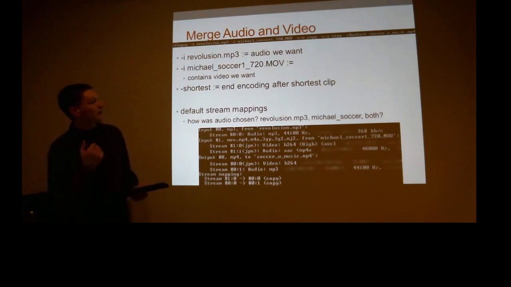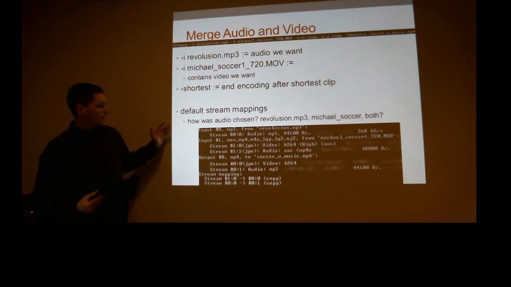We say we want to copy both the video and the audio. The -shortest option says cut off the output to the shortest input. One of these is longer than the other. The soccer is longer than the audio, so we'll just cut it off when the song ends.